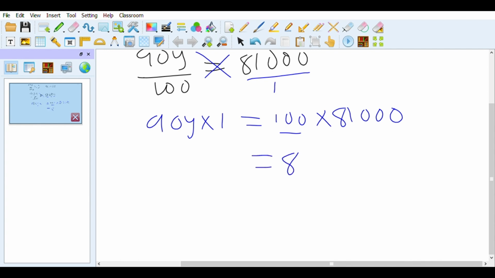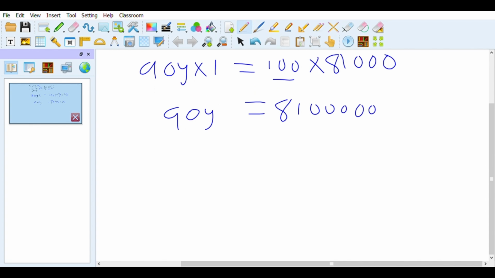So 81, 3 zeros, then plus the 2 zeros from 100. And then we'll have 90y, since 90y times 1 is still the same thing. So to get y, we have to divide both sides by 90 because 90 is the coefficient of y. If you don't understand this, then you need to revise your basic algebra.